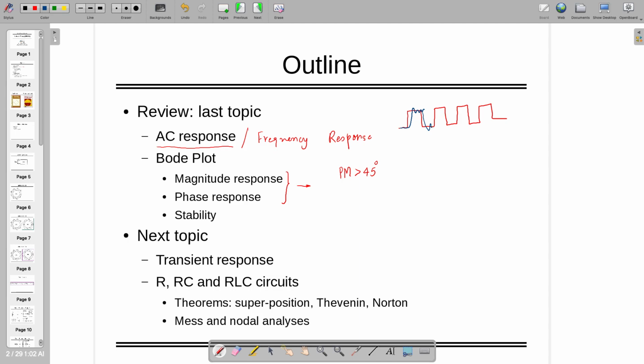So even though the phase margin is 45 degrees, that's not good enough. Then you actually have to change the bandwidth, or you can say the pole location. If you keep the pole location a little bit higher, then this will be taken care of, right? So this was the thing we learned.